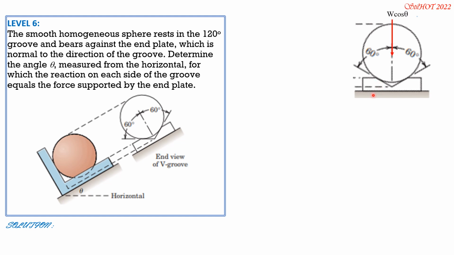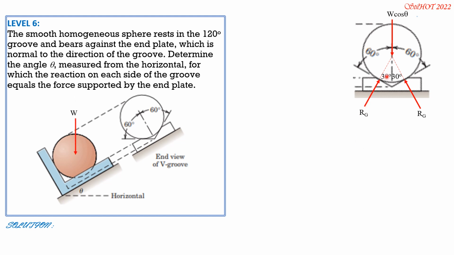And we have equal reactions on each side of the groove if you look at it from this view, RG. So this angle is 30 degrees each. So 2RG cosine 30 equals W cosine theta.